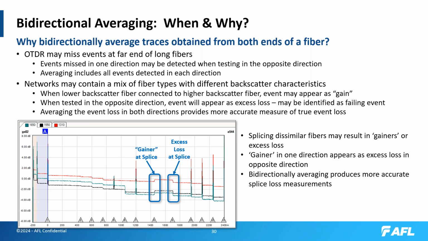So if we can bidirectionally average, we'll average out the excess loss with the gain and be left only with the true loss across that splice. So many network service providers or contract installers will be required to do bidirectional OTDR testing to get more accurate splice loss measurements when verifying a new installation.